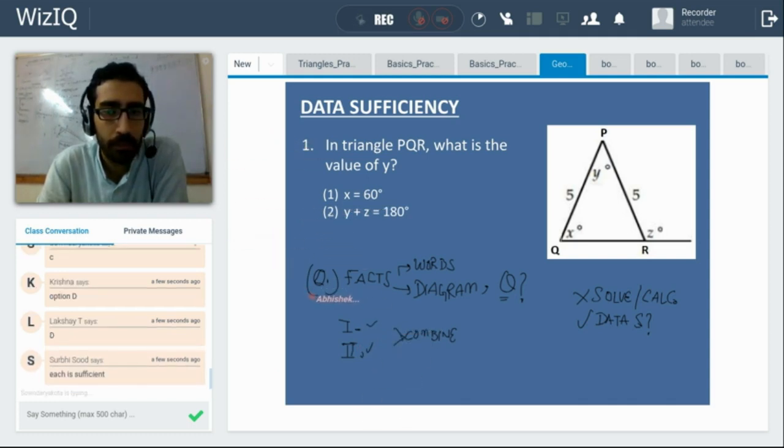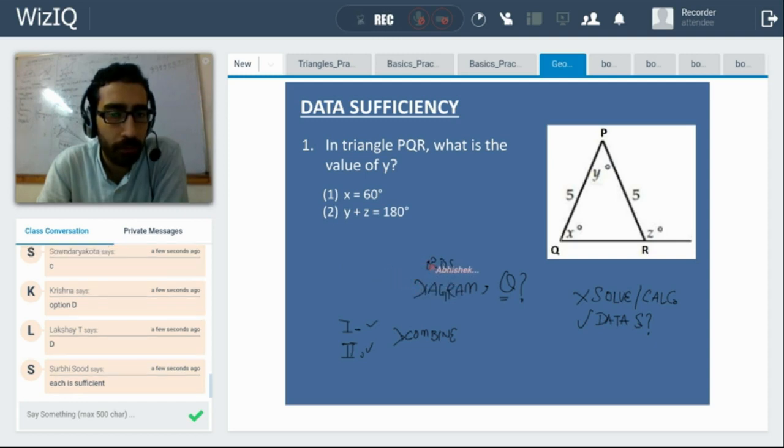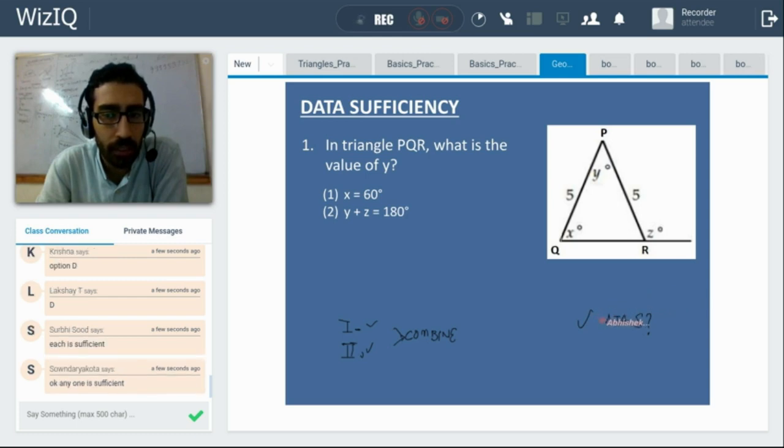Each is sufficient, indeed. So for each is sufficient, the correct option will be option D. Saundarya, I hope you have rechecked and you've got your answer as D. Yes, either one is sufficient indeed.